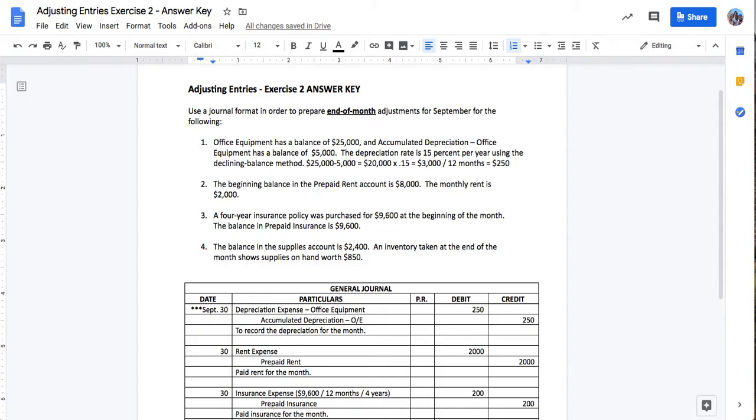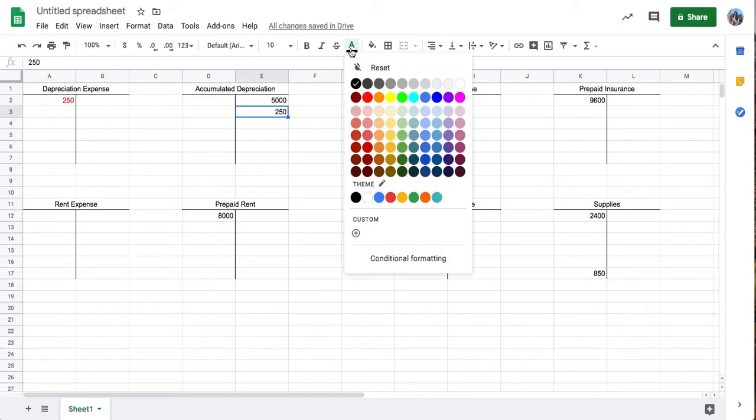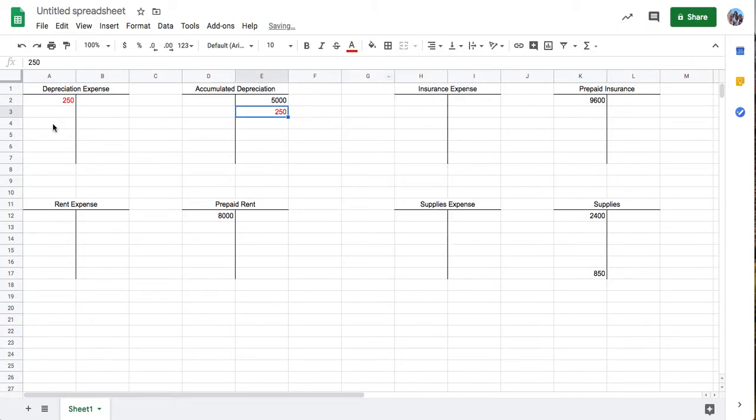So if I'm using T accounts, I now have a new depreciation value of $250, and that's also added to my accumulated depreciation. So my adjusting entry is this: a depreciation expense of $250 and accumulated depreciation of $250.